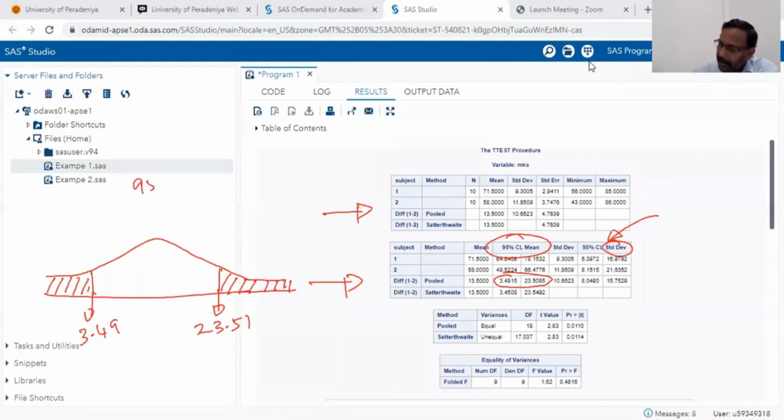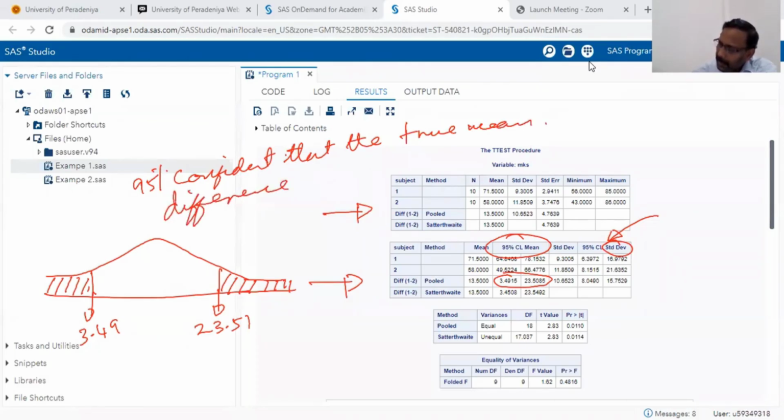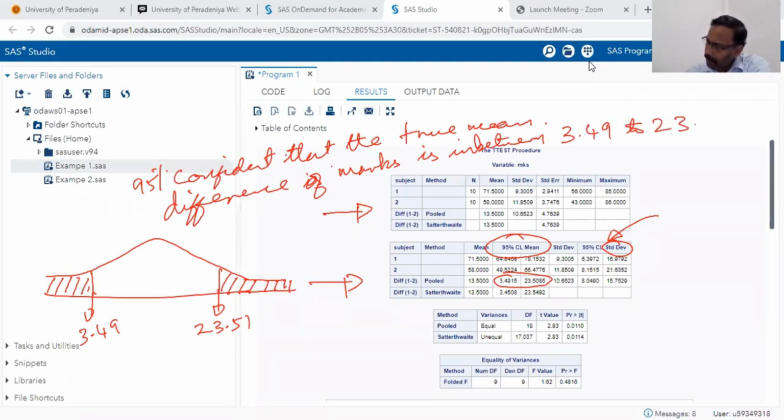We can say I am 95% confident that the true mean difference of the marks is in between 3.49 and 23.51.